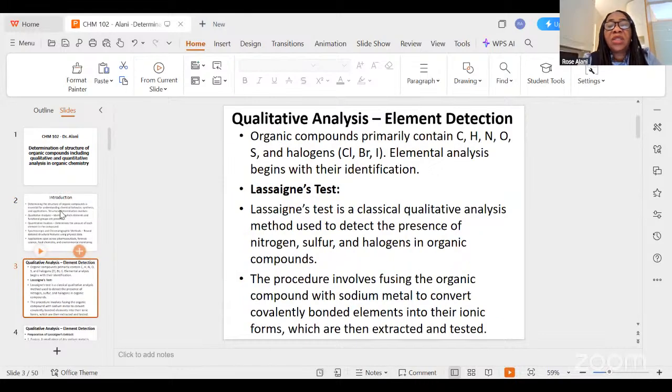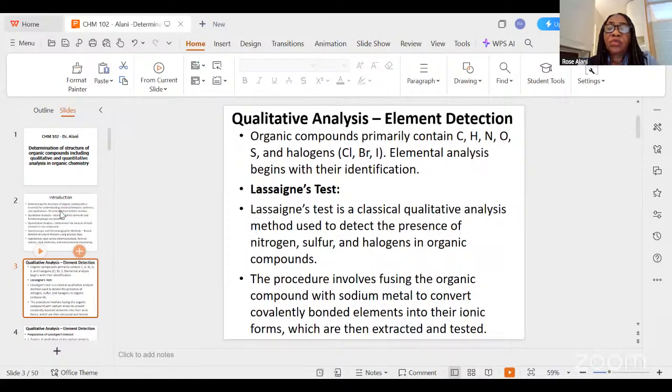So let's look at qualitative analysis, using it for element detection. You know that organic compounds primarily contain carbon, nitrogen, oxygen, sulfur, and halogens.